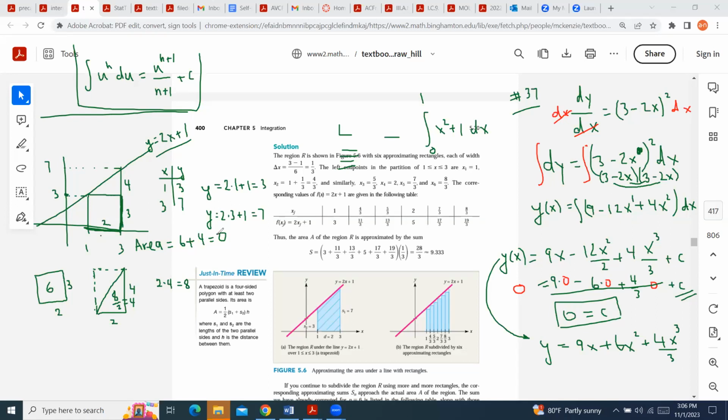So it's interesting, but now why don't I use the integral of 2x plus 1 dx? So we will find the area under the curve that actually starts at 1 and goes to 3.